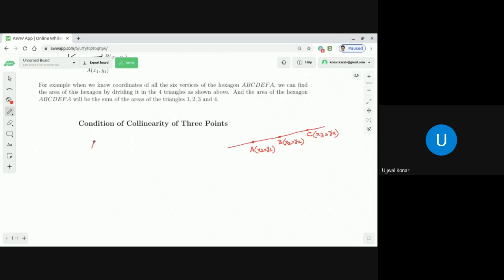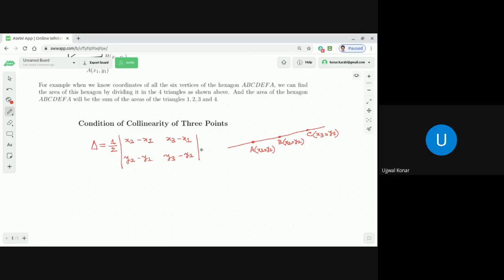If we find the area of the triangle, dear students, what do we understand? 1 by 2, it is x2 minus x1, x3 minus x1, y2 minus y1, y3 minus y1. Correct or not?